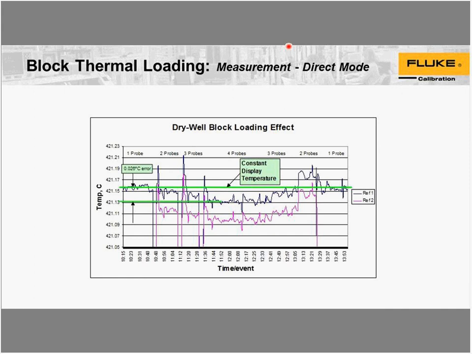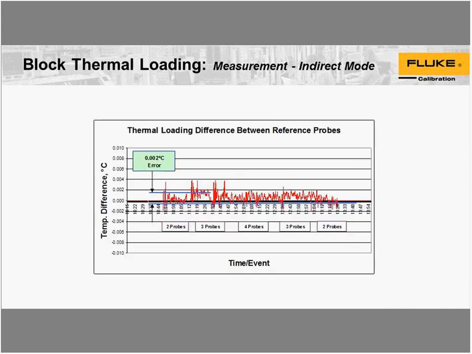Well, again, the difference between those two probes, and you look at this scale, you can see it's pretty small. You take an average over what appears to be the highest temperature and the lowest temperature. In this case, we've got 2 millidegrees. Why?